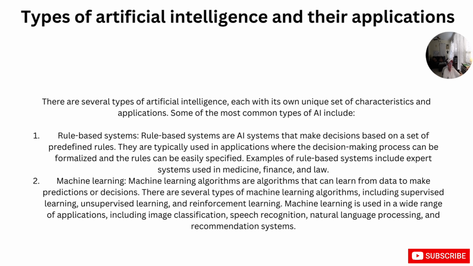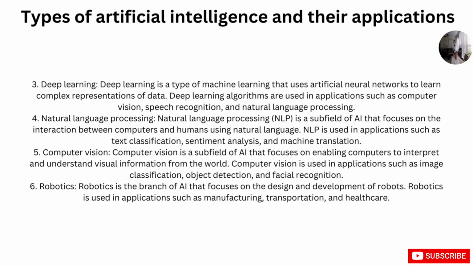Machine learning is used in a wide range of applications, including image classification, speech recognition, natural language processing, and recommendation systems. Number three, deep learning. Deep learning is a type of machine learning that uses artificial neural networks to learn complex representations of data. Deep learning algorithms are used in applications such as computer vision, speech recognition, and natural language processing.